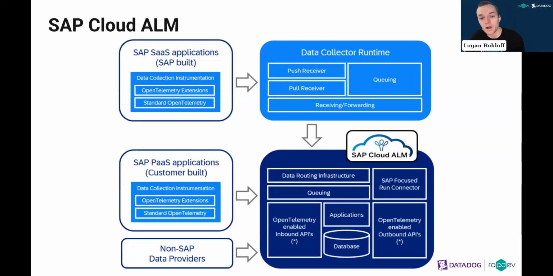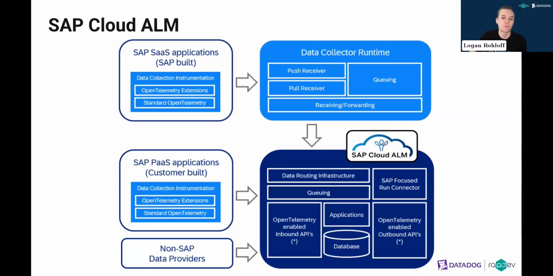One component of the ongoing operational capabilities that Cloud ALM offers is its interoperability with OpenTelemetry for observability data submission. This allows users to get insights that have not traditionally been available from their SAP systems.